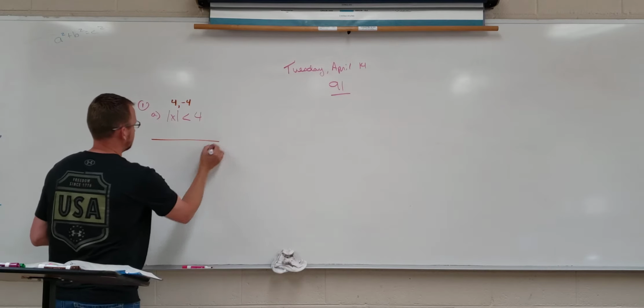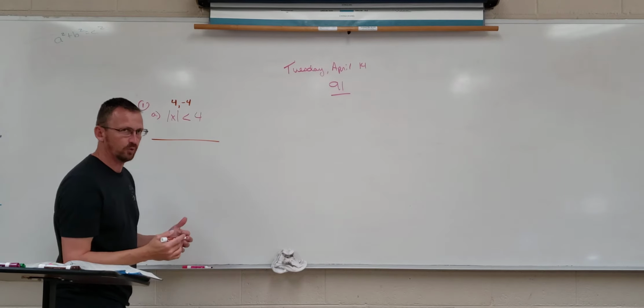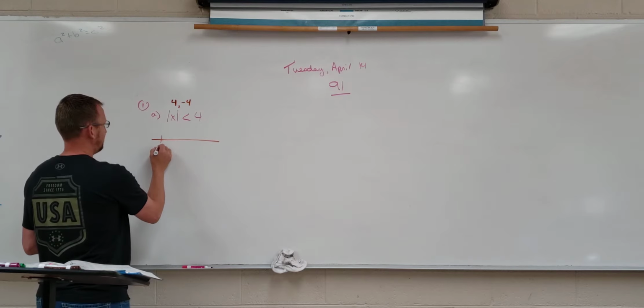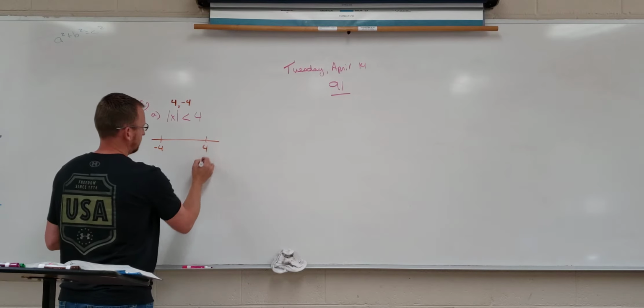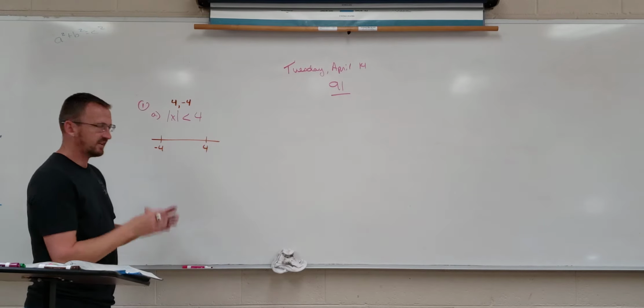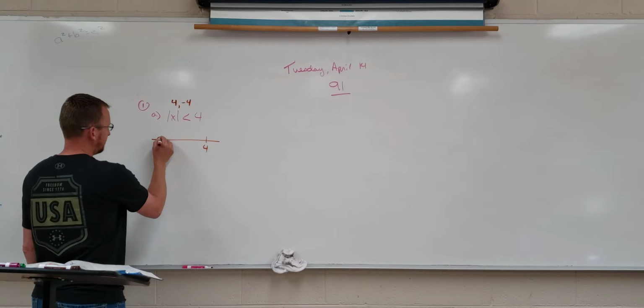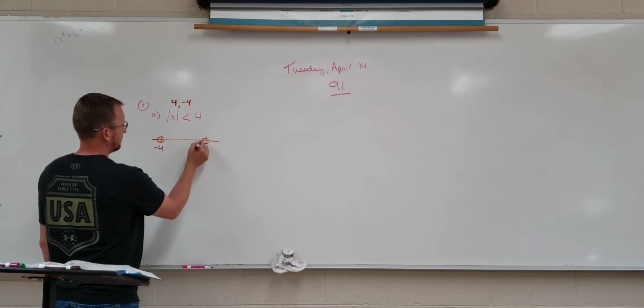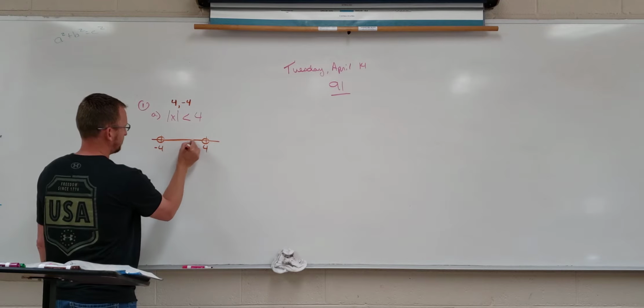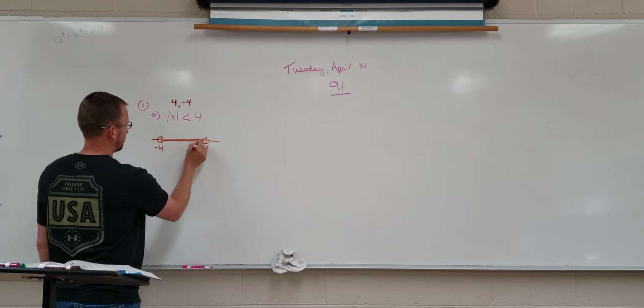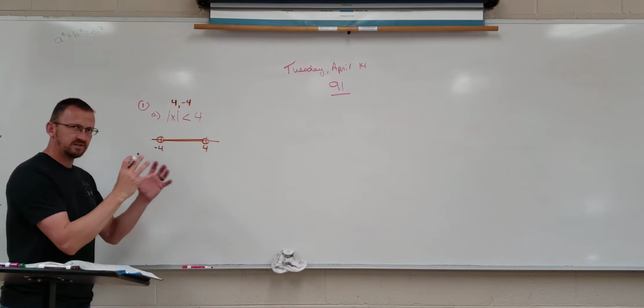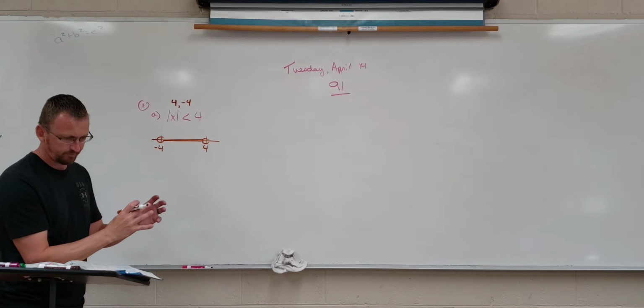So to graph it, it says is less than 4, which means it cannot be any bigger than 4. It has to be less than. And if we're saying it's less than, then it's going to be a conjunction, a connection of the two. So less than means it is in between there.